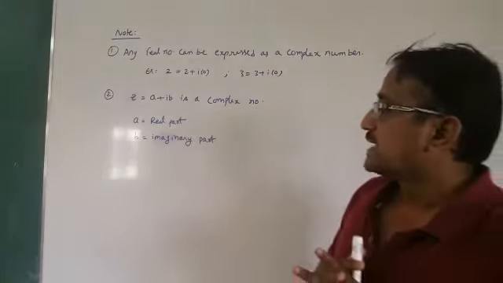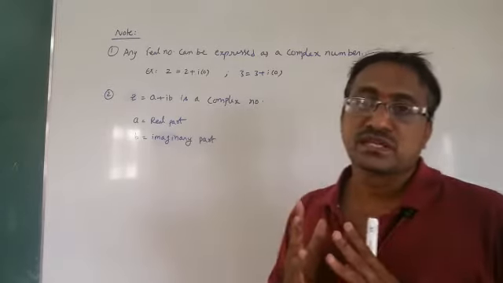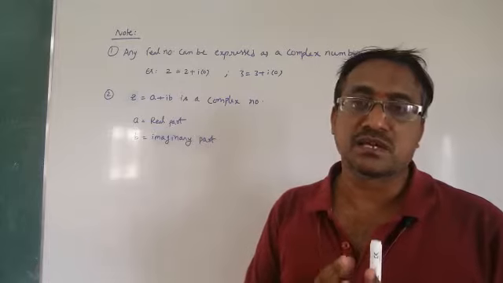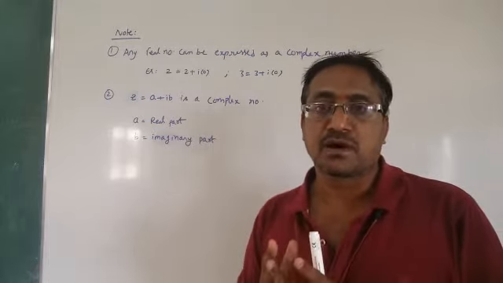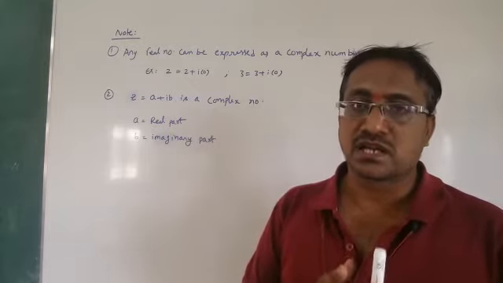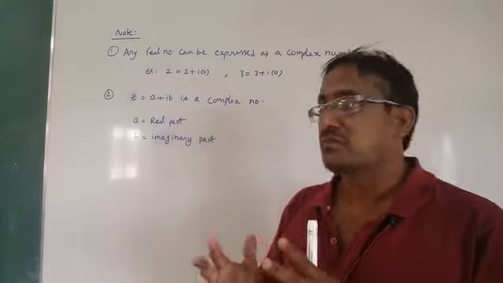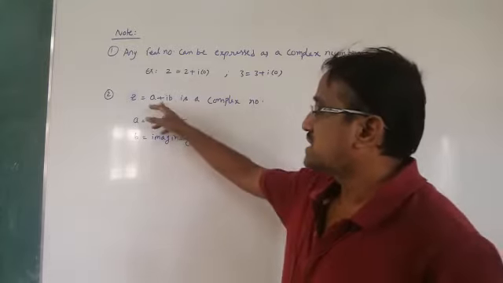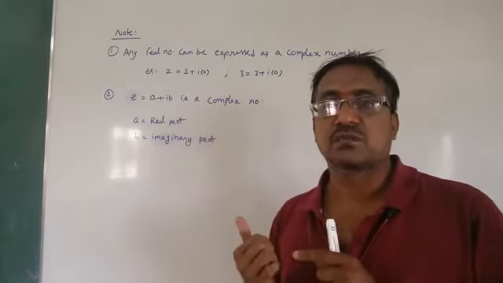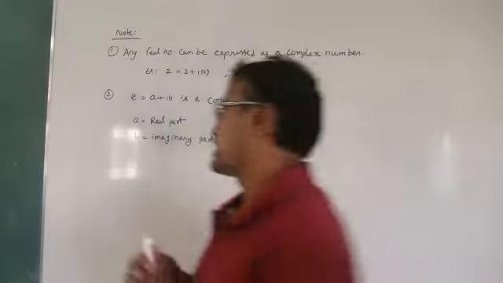Now, another important point: if Z is a complex number of the form a plus ib, then a is the real part and b is the imaginary part.